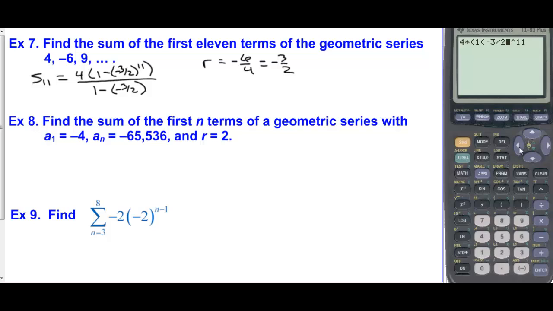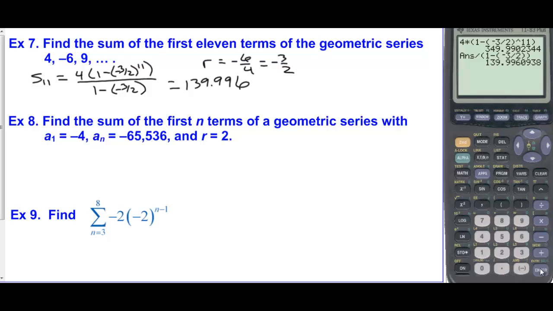And I missed the minus. Let's put that in. Insert minus. And we will divide that by 1 minus -3 halves. 139.996.